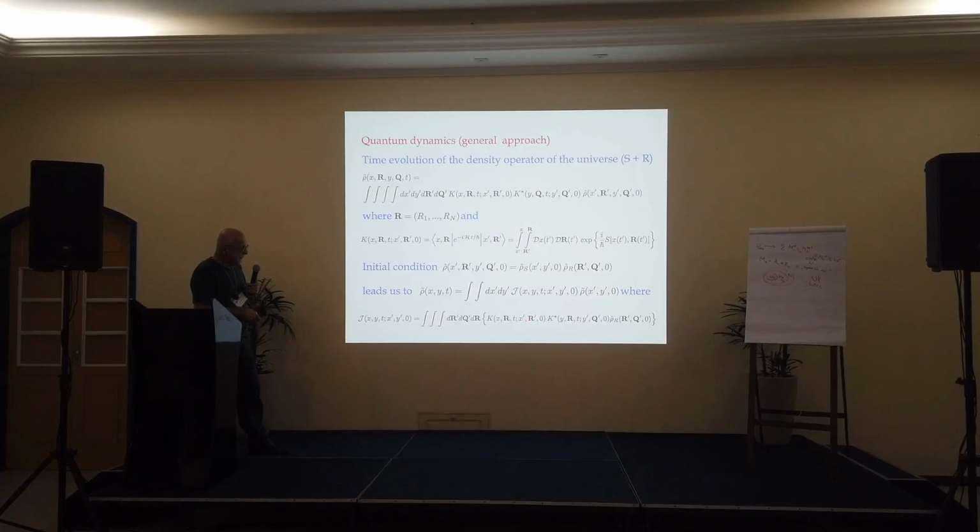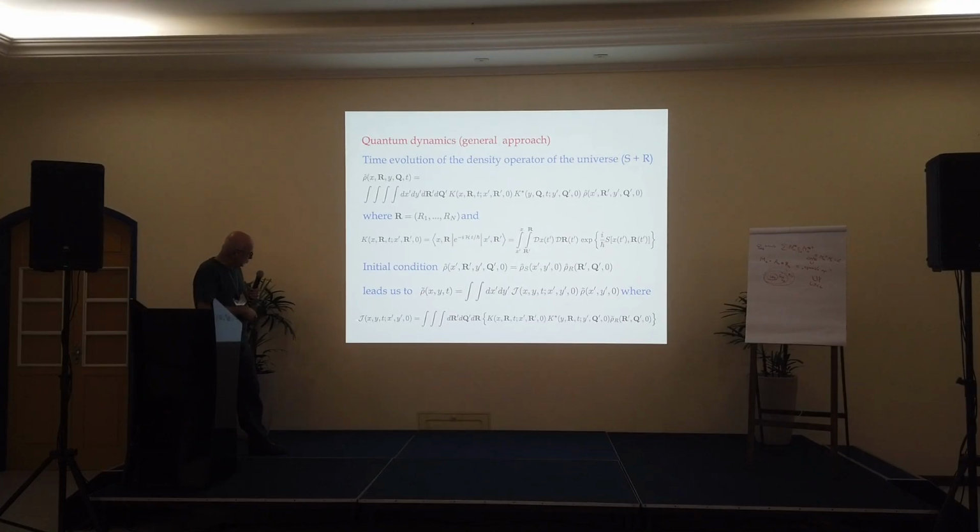Now that's the thing here. It's important to see what happens here. We make the time evolution of the full universe, and that's the complex conjugate of that. And we have to trace over the final configurations of the environment and make this double average for the initial operator of the environment.